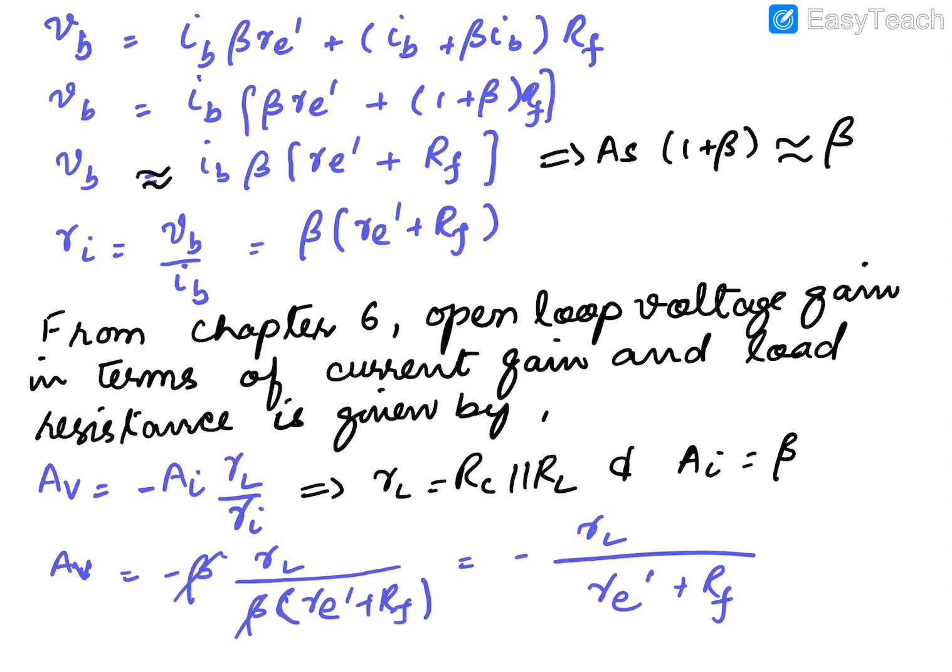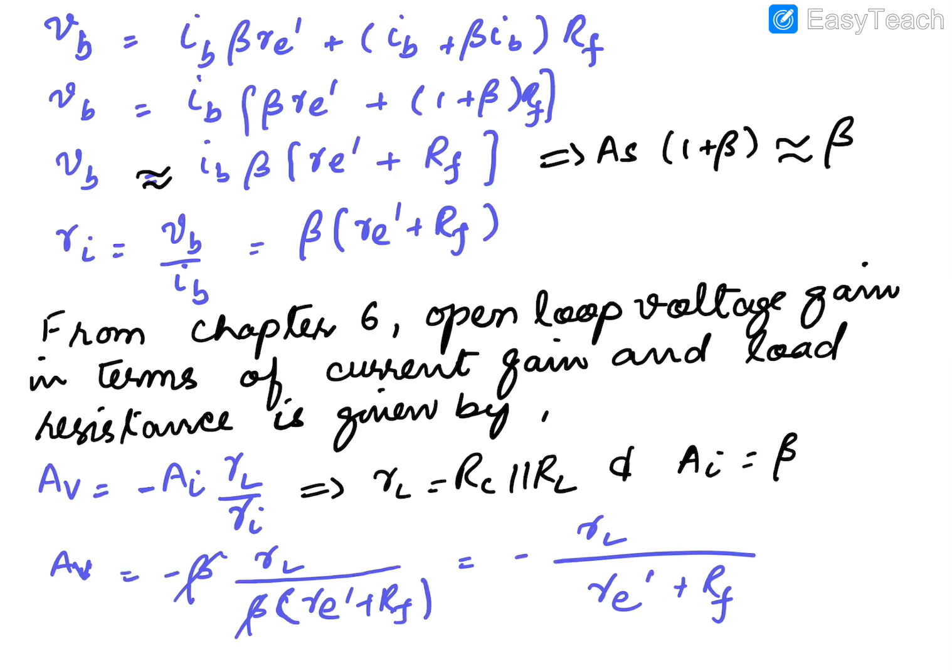From chapter 6 we have found a general formula for voltage gain in terms of current gain and load resistance, which is equal to this. This formula can be used for open loop voltage gain, which is equal to current gain times RL over RI, multiplied by minus 1 if the output current is opposite to the current we have assumed for that direction.